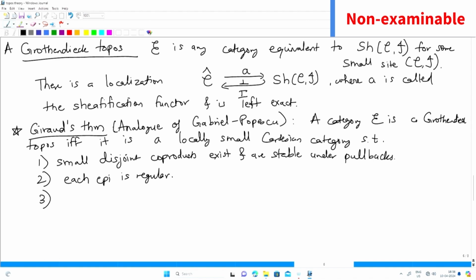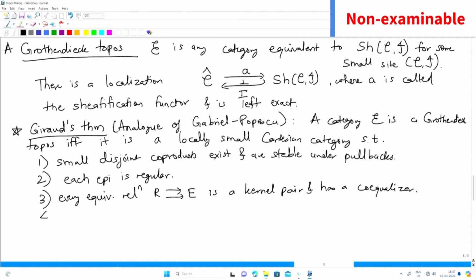Then every equivalence relation, R to E, is a kernel pair and has a co-equalizer. Fourth condition, so this is like has a kernel pair, is a kernel pair and has a co-equalizer. This is the analog of every monomorphism being normal, being a kernel and having a co-kernel.